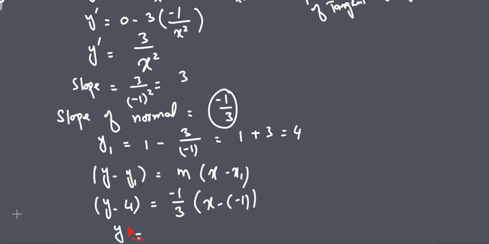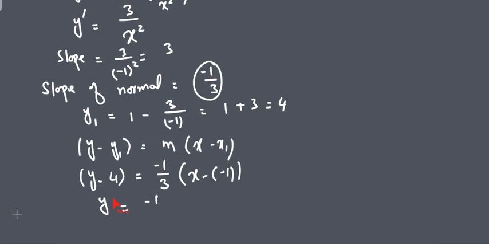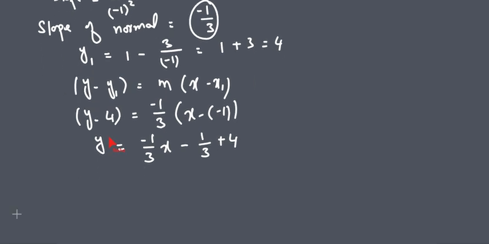So it will become y equals negative 1 over 3 times (x plus 1), plus 4. Is it clear? Okay, so the equation will become y equals negative 1 over 3 x plus 11 over 3, right?